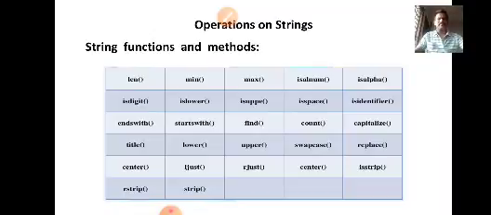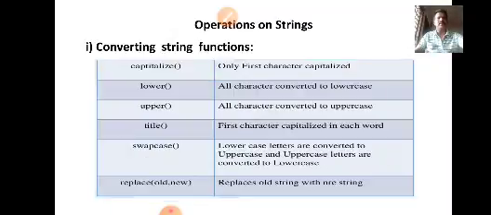Then rstrip, strip, lstrip. These are all the string functions and methods. Some are converting string functions, which convert from one type to another, like lower to upper, upper to lower.